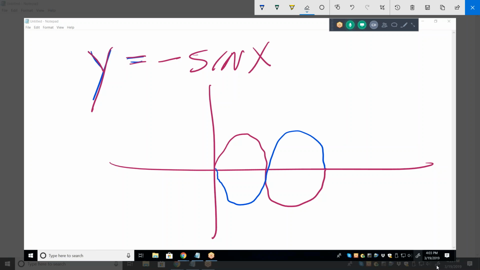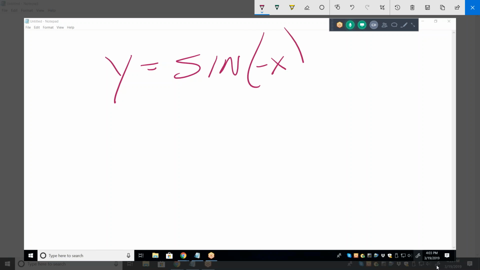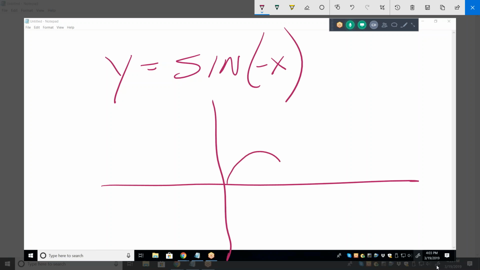And the very last thing you can have is a horizontal reflection, where the negative sign is inside the function. And what that means is you're going to reflect about which axis?